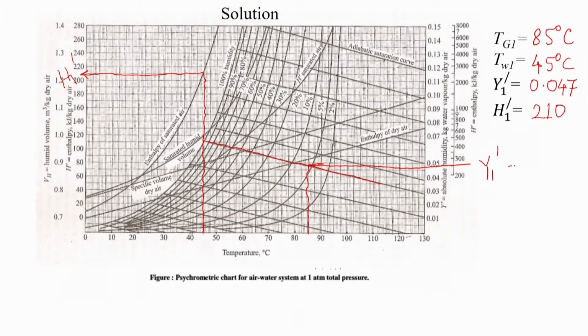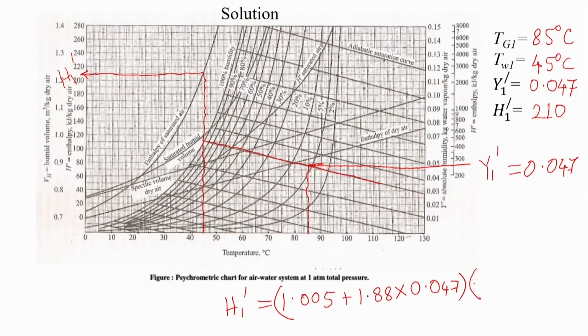So we have got 0.047. This H1 prime we can also get from the humidity: H1 prime is equal to 1.005 plus 1.88 into y1 prime, that is 0.047, into Tg minus T0, which for this case is 85 minus the reference temperature 0, plus 2500 into 0.047.